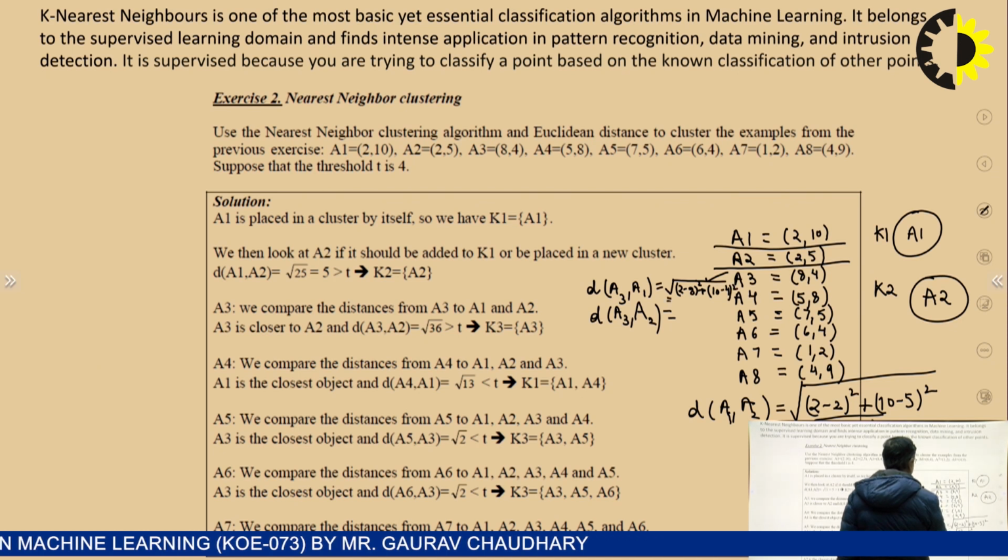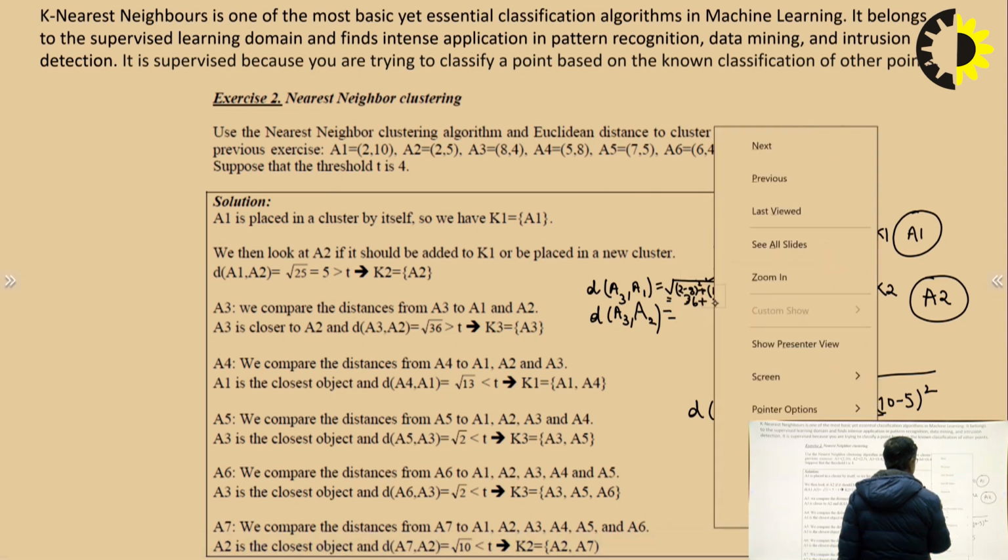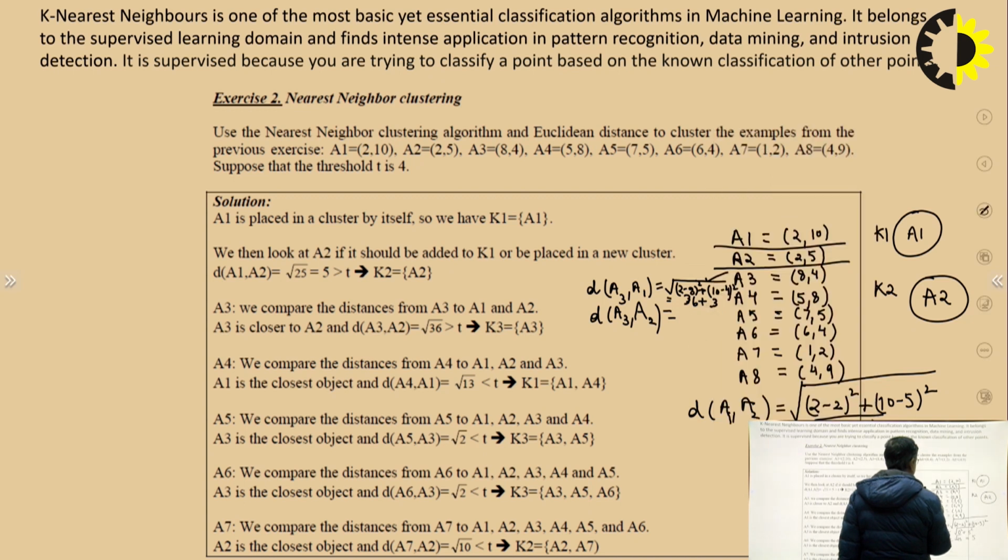This comes out to be the square root of 36 plus 36, which is the square root of 72.